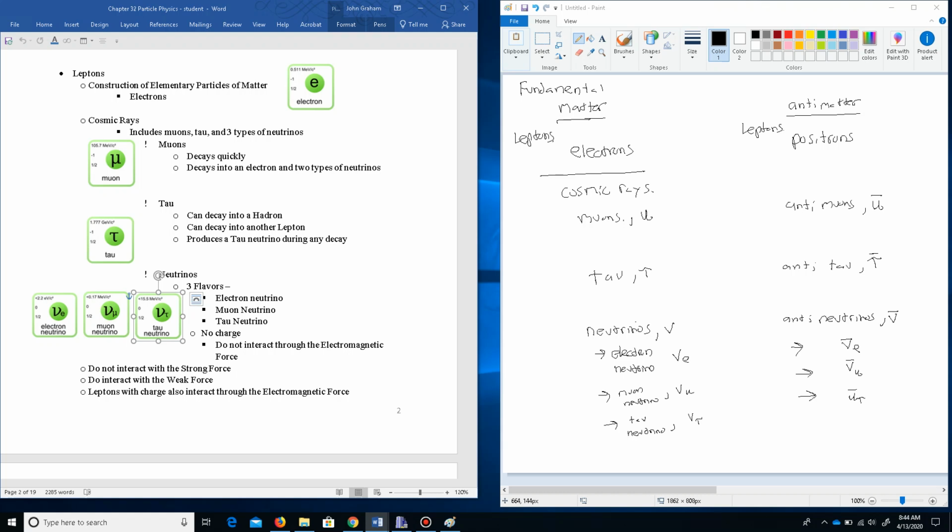Antimatter, you're going to have charges of +1 for each of these, or 0 for neutrinos. And then we're going to get into the fact that these are going to have what's called a lepton number. And the antimatter will have the anti-lepton number.